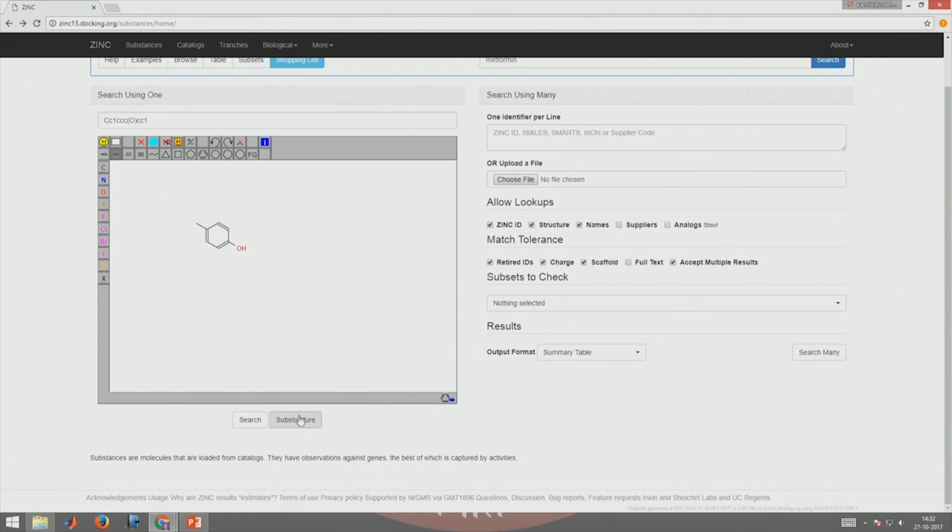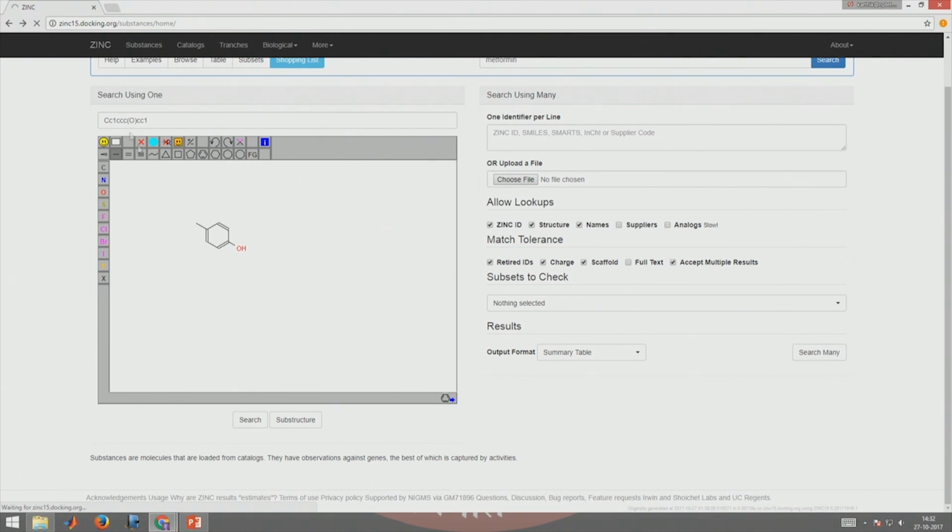So I can say substructure search. I can draw different substructures here and search this database to find out whether there are any molecules with this type of substructure present.